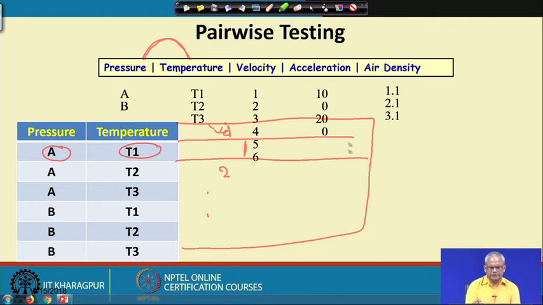So, given the set of test cases, we should be able to identify, given any two parameters, all possible combinations of conditions. Any two may take temperature, air density, velocity, acceleration, or velocity, air density.